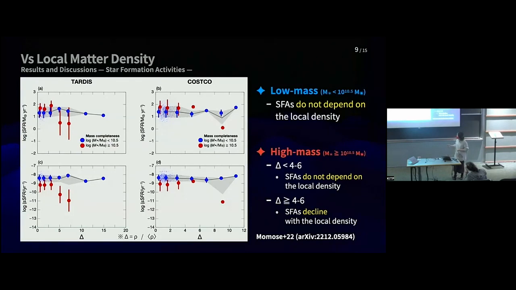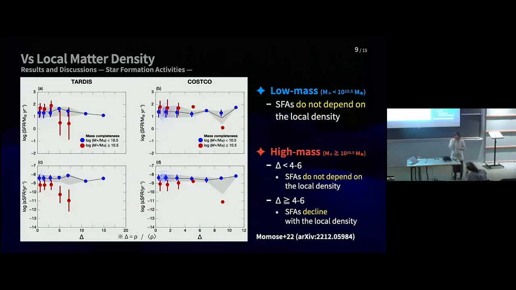Blue is for the low mass sample, and red indicates the high mass galaxy sample. And we consider the results reliable if both the TERDIS and COSCO results show the same trend.